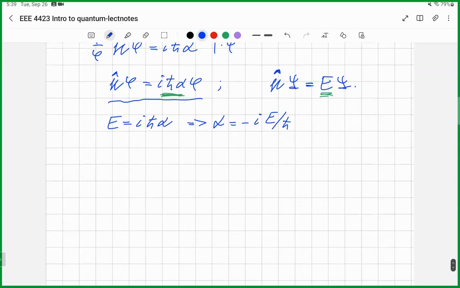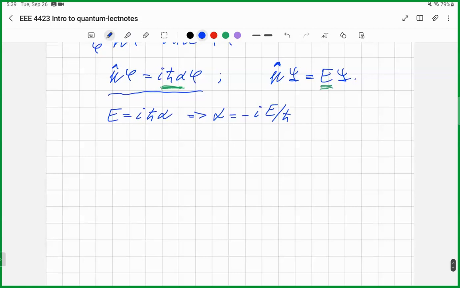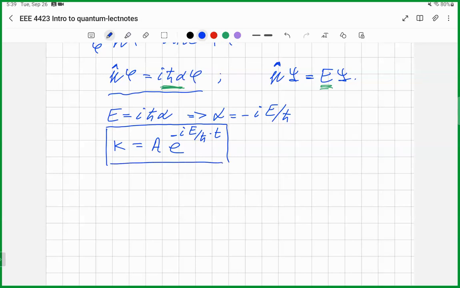So this is my alpha, and the resulting solution for kappa is A, which is the amplitude, e to the power of minus i E over h bar times t. Okay, so this is the first part of the solution.